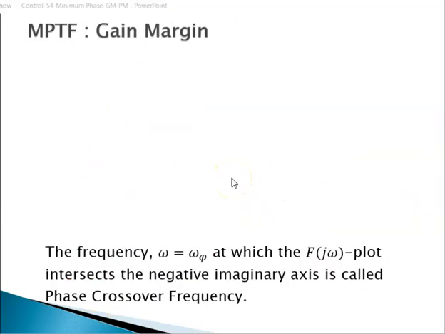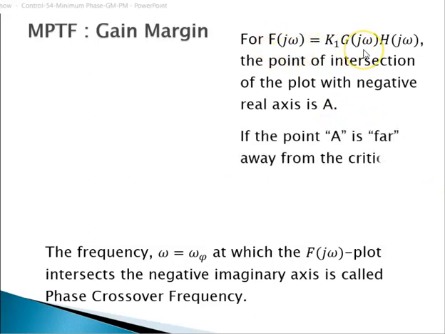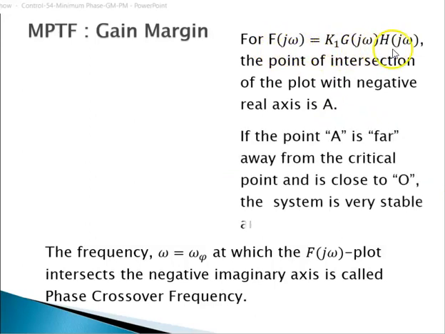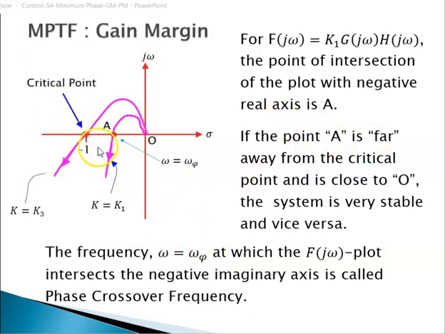We are going towards the direction of defining what we mean by gain margin and phase margin. Let us say your open loop transfer function F of j omega is K1 times G of j omega H of j omega, and you draw the plot, and the point of intersection is A. If the point of intersection is very far off from this critical point and close to the origin, we say the system is very stable.